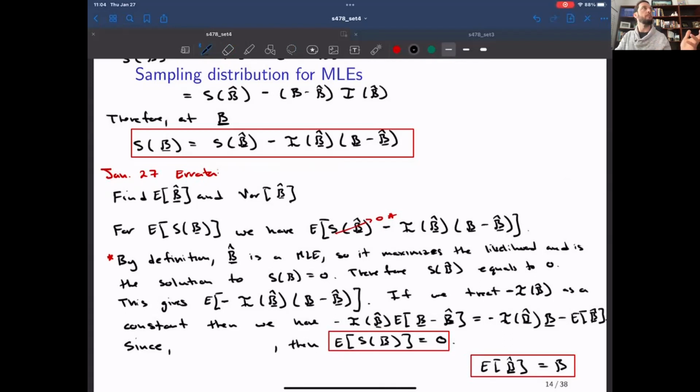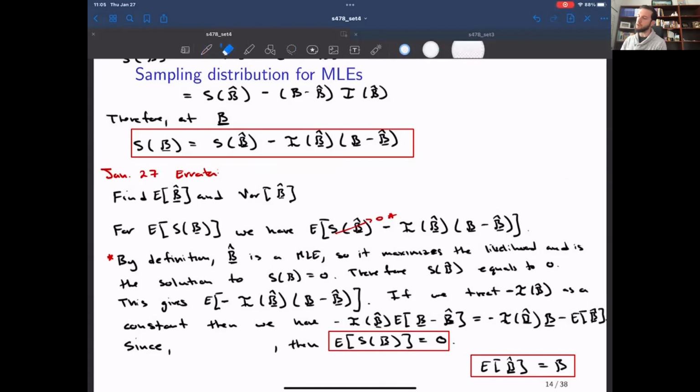So we need to work out the expected value of beta hat and the variance of beta hat. In this case, beta hat is a vector, so we're going to be looking for the variance covariance matrix of beta hat.